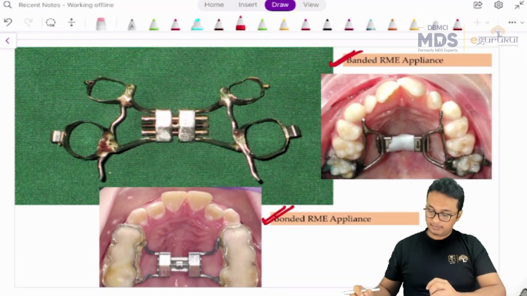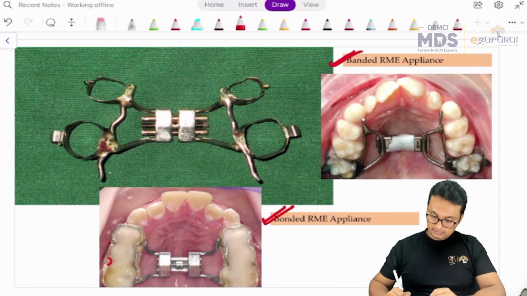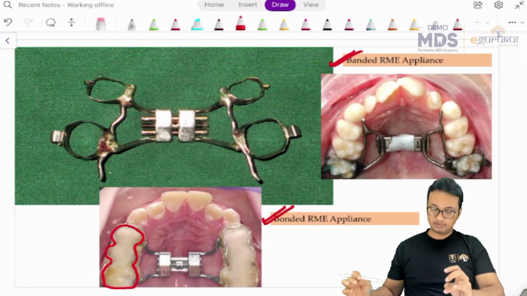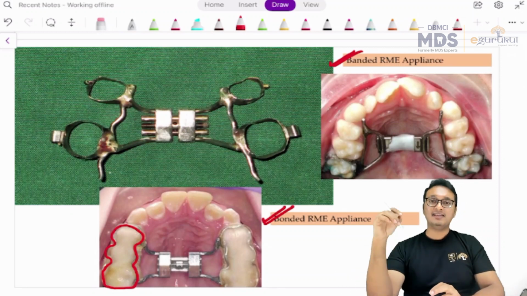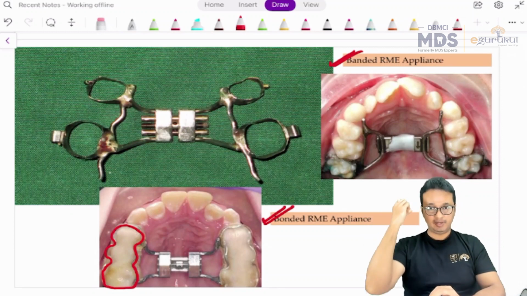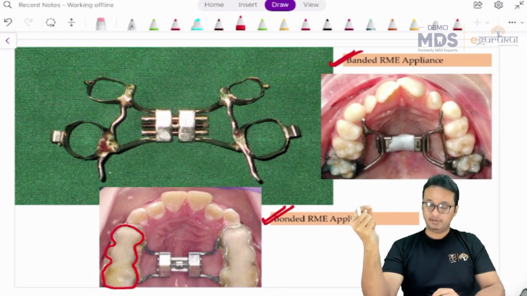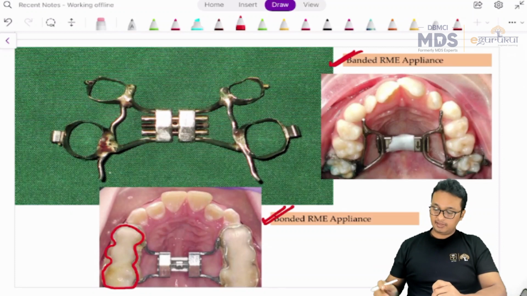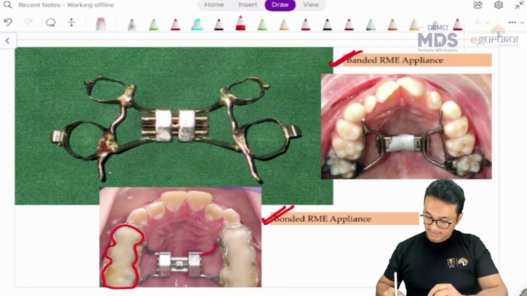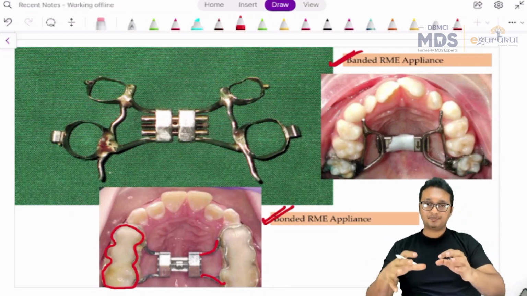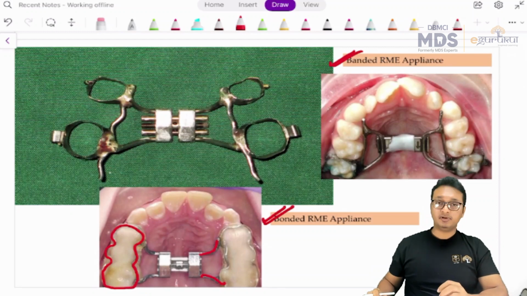Whereas in case of bonded RME, we have to just configure a wire along the buccal and lingual surfaces of the teeth, like this, symmetrical to the posterior teeth, and over that an acrylic splint-like appliance is fabricated by means of either rapid cold cure acrylic or heat cure acrylic, and the Hyrex appliance is incorporated within that, and the arms of the Hyrex appliance are soldered onto the metallic framework which encompasses the acrylic framework. So that is bonded RME.